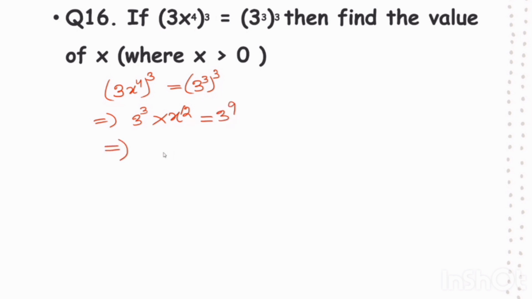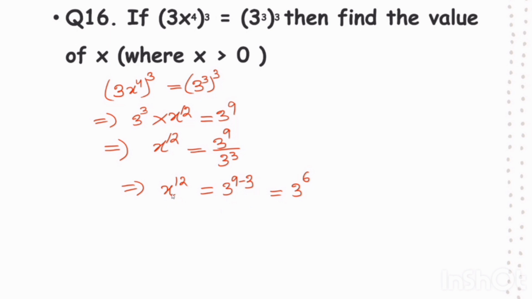Now 3 raised to the power x raised to the power 12 equal to 3 raised to the power 9 divided by, when it comes to this side, RHS, it becomes division. Implies that now we can write this one as 3 raised to the power 9 minus 3, and that is equal to 3 raised to the power 6.